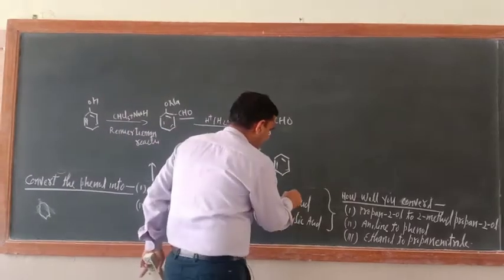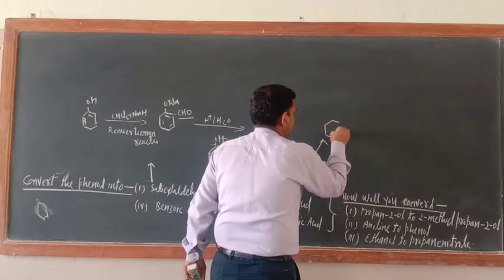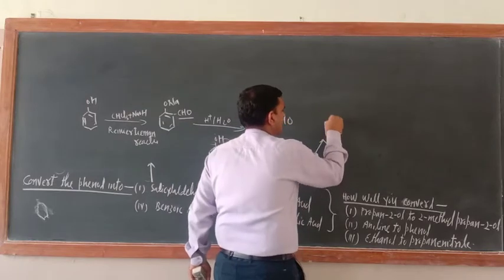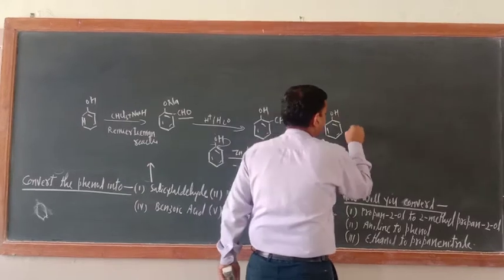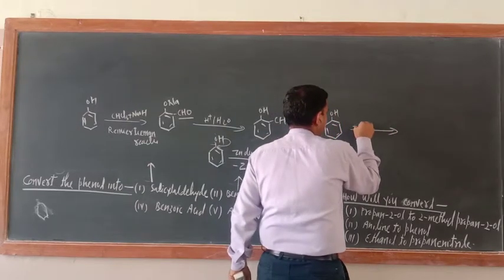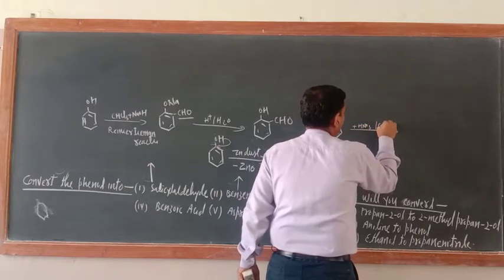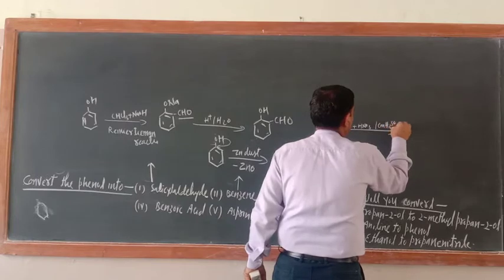Now what about picric acid? Picric acid can also be made. This is phenol, OH. Now treat with HNO3 in presence of conc. H2SO4.